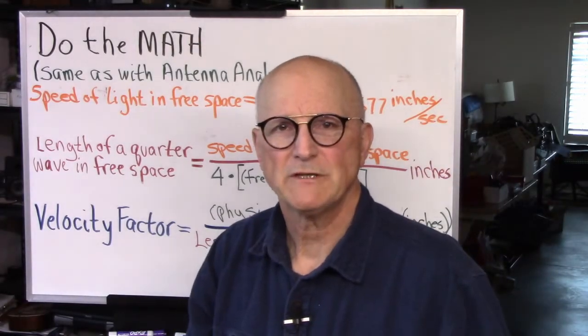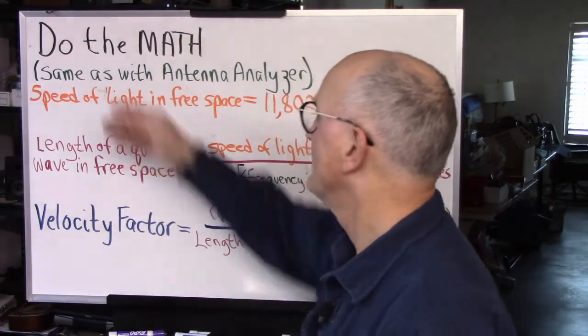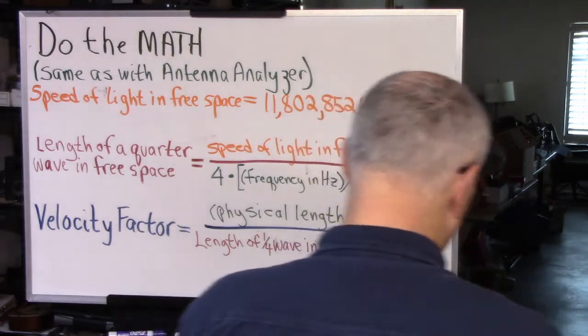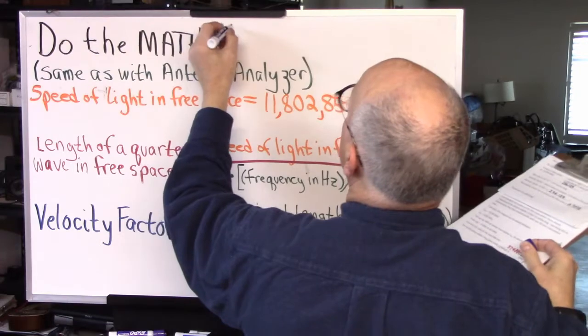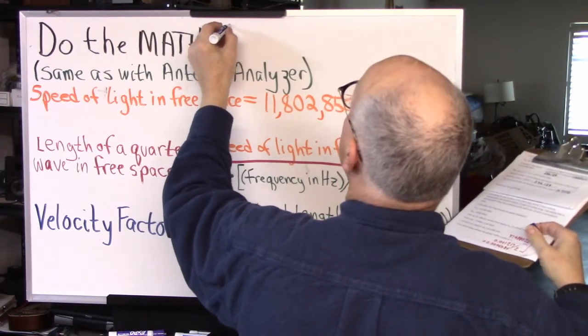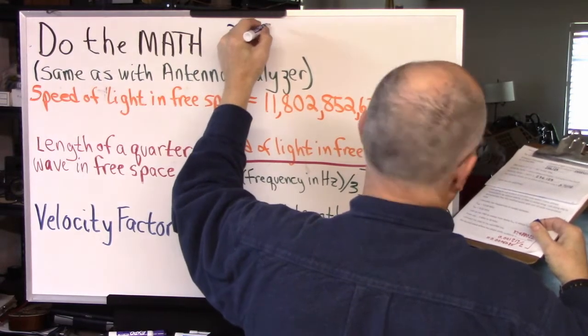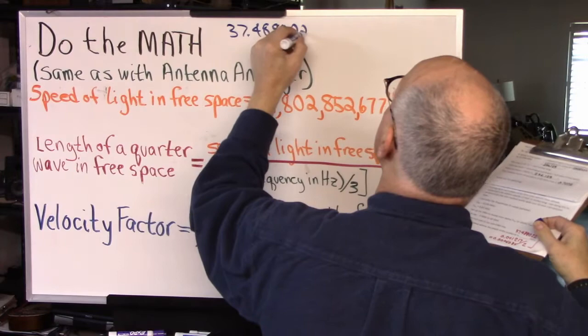We've completed our measurement and we have our numbers, so it's time to do the math. We determined that at the minus 180 degrees, we had 37.488022.